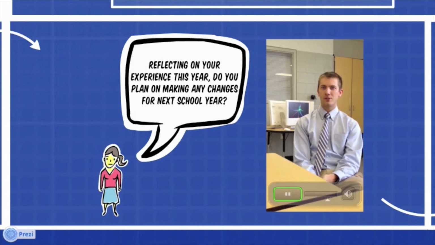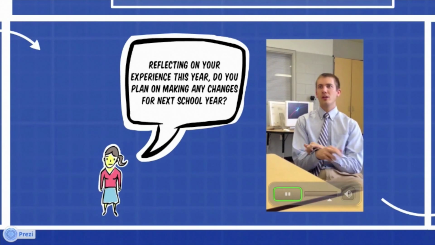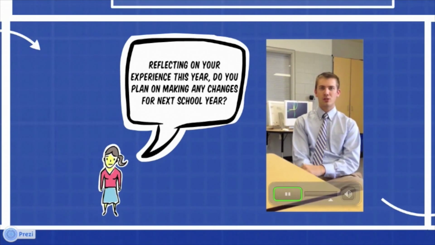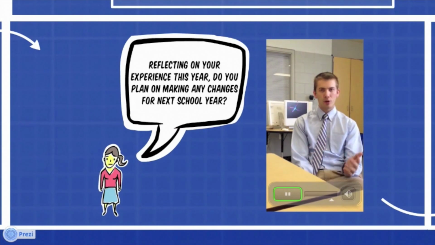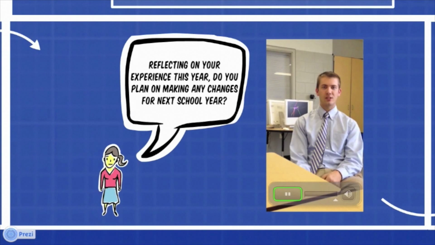I want to eliminate some ambiguity about things like where to put papers, where to go for certain things that happen. Really just go over all this stuff in more detail and stronger at the start of next year.